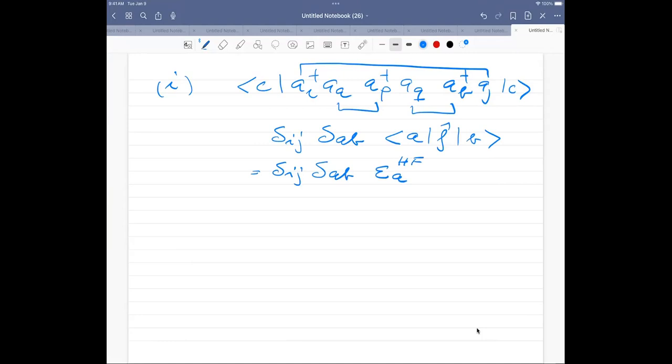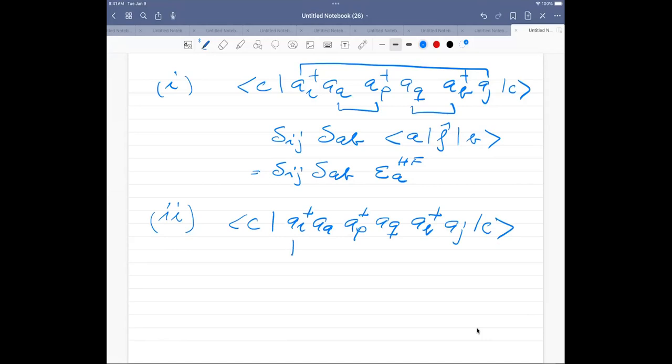And let's just do one more before we take a small break. So the next one, if I look at these guys here, I have a_i† a_a a_p† a_q a_b† a_j on |C⟩. Now I can contract the hole states. So what I could do now is simply to take the a_i going to a_q here, sorry, like this, and then I can take a_p going to a_j.